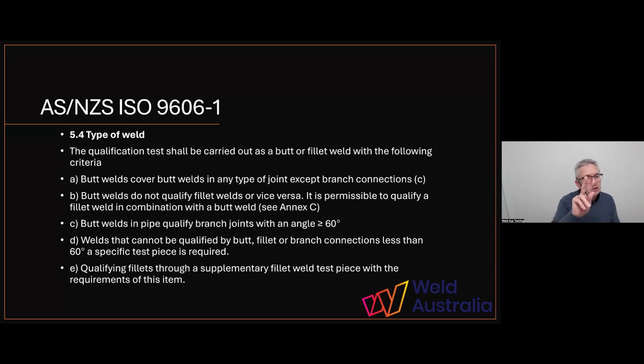You could do two test pieces with the backing bar, though. That's the difference, because it'll only be stated that you're only qualified with backing. So if you did a full butt joint, though, then it's going to give you a wider range again. So it's a matter of using this standard and selecting the best option for what's going to be best suited for your individual business, and then qualify the operators to that. Does that make sense? You'll see where it sits in the standard as we go through.